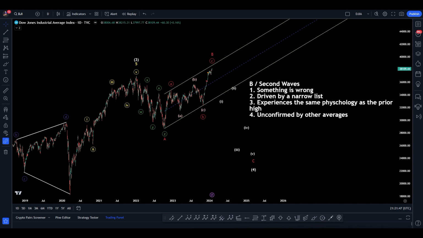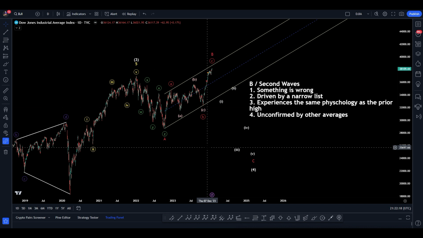let's dive in to the charts. Now what you see in front of you here is a chart of the Dow Jones Industrial Average. We're going to go over a lot of charts today, but we're first going to look at the Dow Jones Industrial Average, because the signs and symptoms of a B wave are that, firstly, something is wrong, right?